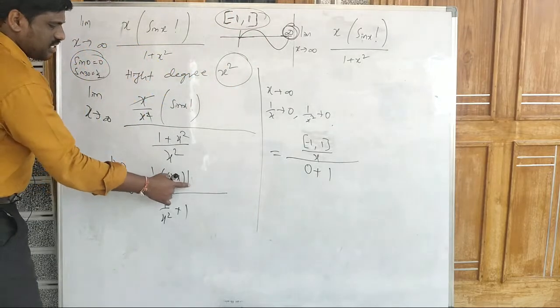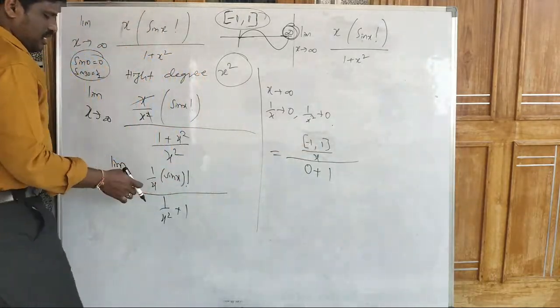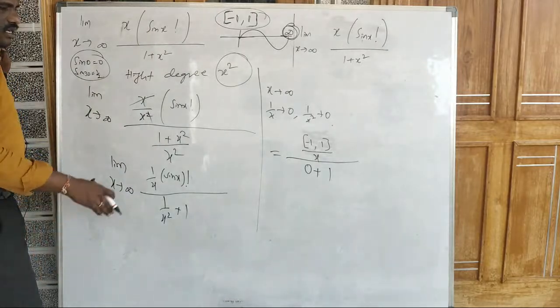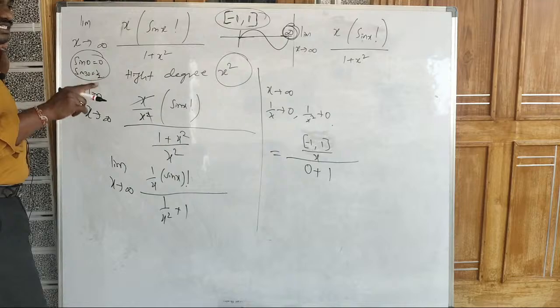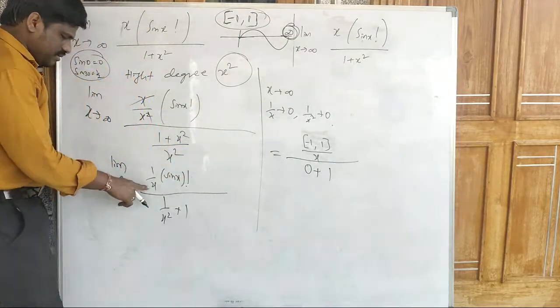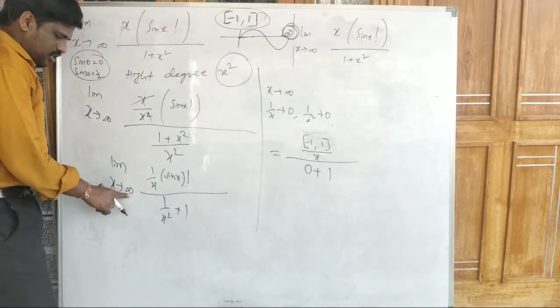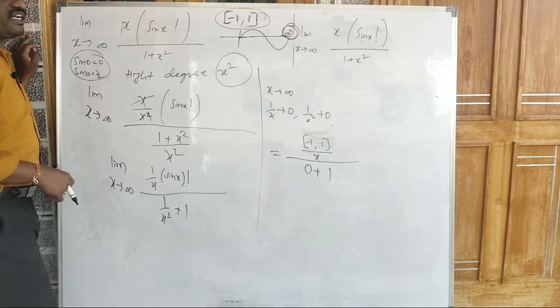So sin x I can write as -1 to 1 divided by x, and 1 by x square is 0, plus 1. So 1 by x I am not taking as 0 here because x is tending to infinity. So I'll use infinity here.